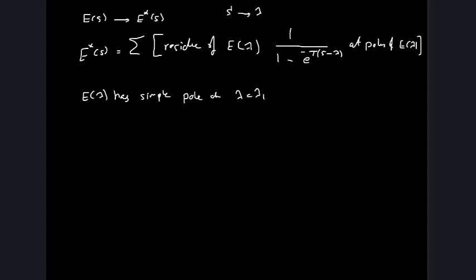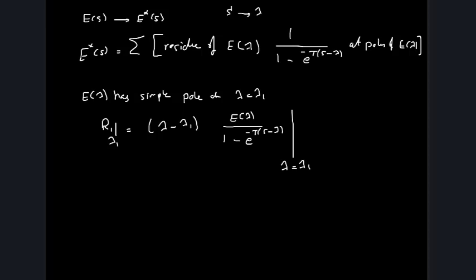So in this case, the residue will be R1 at lambda 1, which will equal lambda minus lambda 1 multiplied by E of lambda over 1 minus exponential of minus t s minus lambda evaluated at lambda equal to lambda 1.